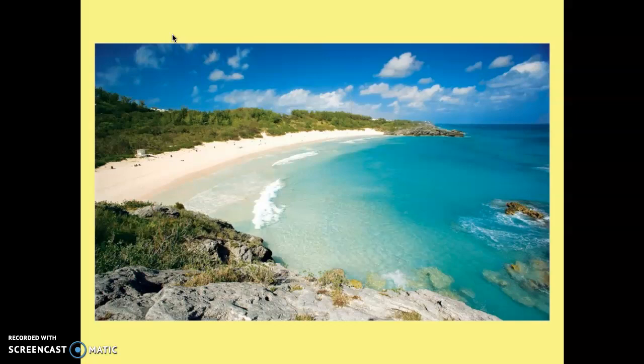Most beaches are formed of sand, but some are made of small pebbles too, and that's called shingle. In our next lesson, we're going to be looking at the landforms that are created by waves.